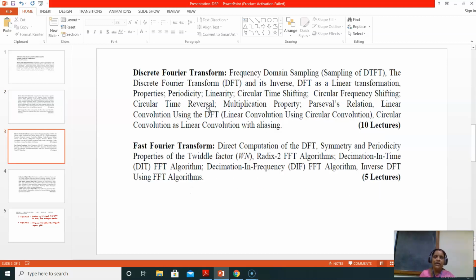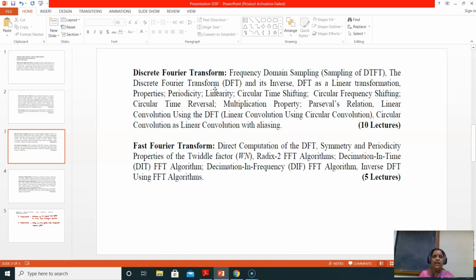The next chapter covers dealing with finite duration discrete time signals in the frequency domain. That is by taking the DFT, the discrete Fourier transform, of a finite duration signal.